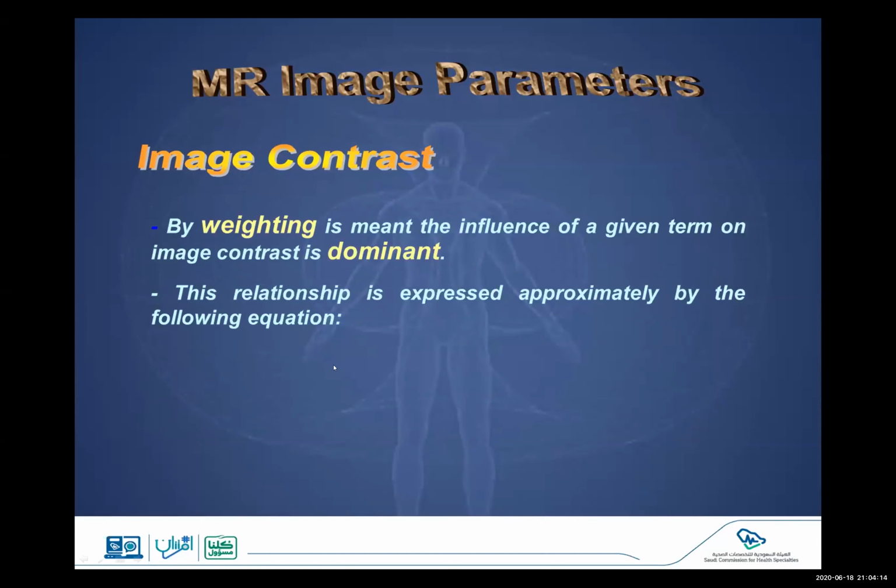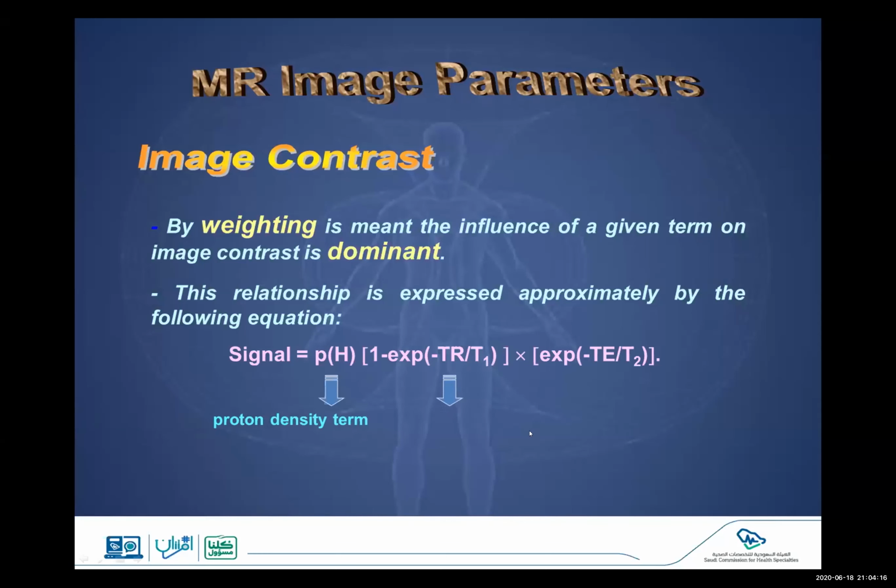This can be expressed in an equation. In a spin echo sequence, signal equals proton density, which contains the number of protons within a single volume element, or space.